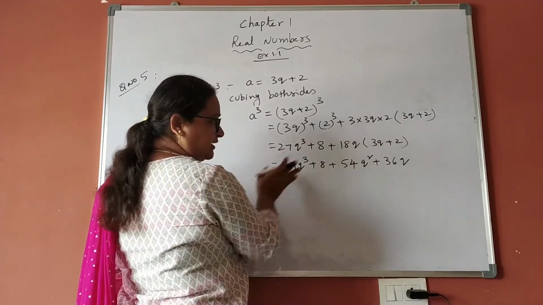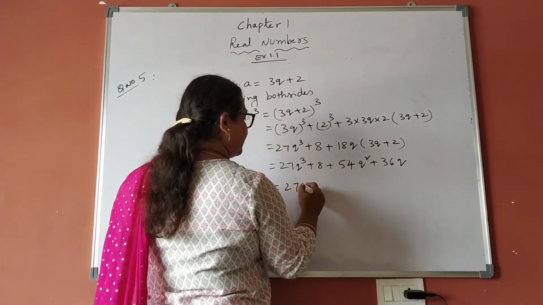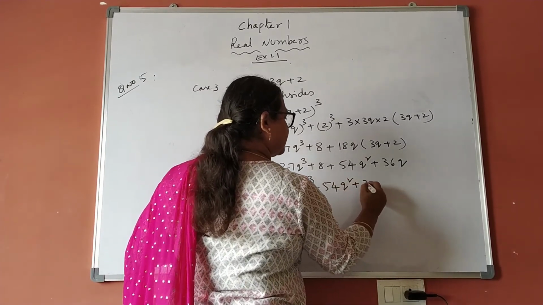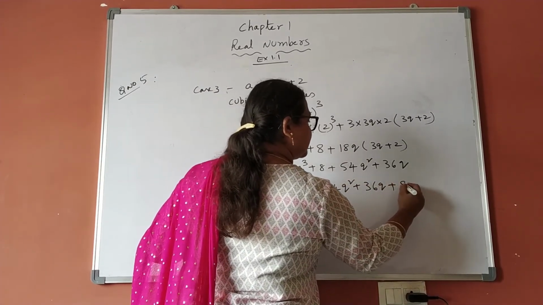Now we will write in descending order of powers: 27q cube plus 54q square plus 36q plus 8.